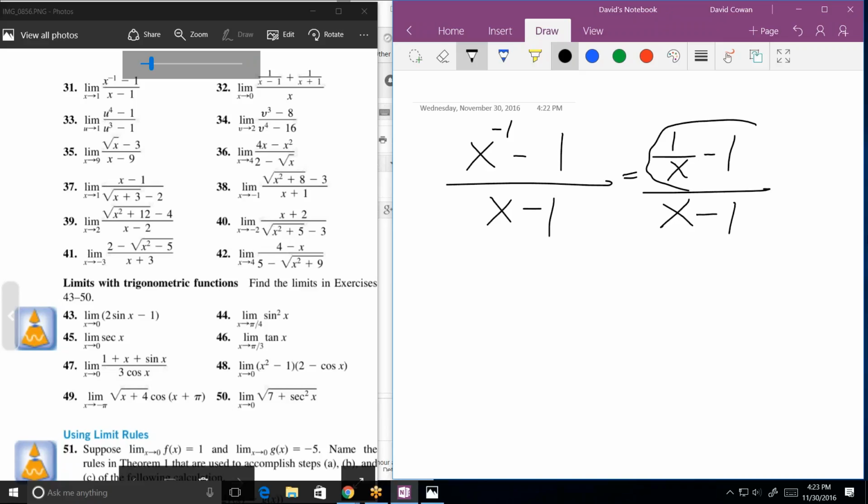Combine those two, what do you get? What's the common denominator going to be? Would it have to be x? Uh-huh. What's the new numerator going to be? 1 minus x. Notice that 1 minus x over x is the same as what I have circled there.